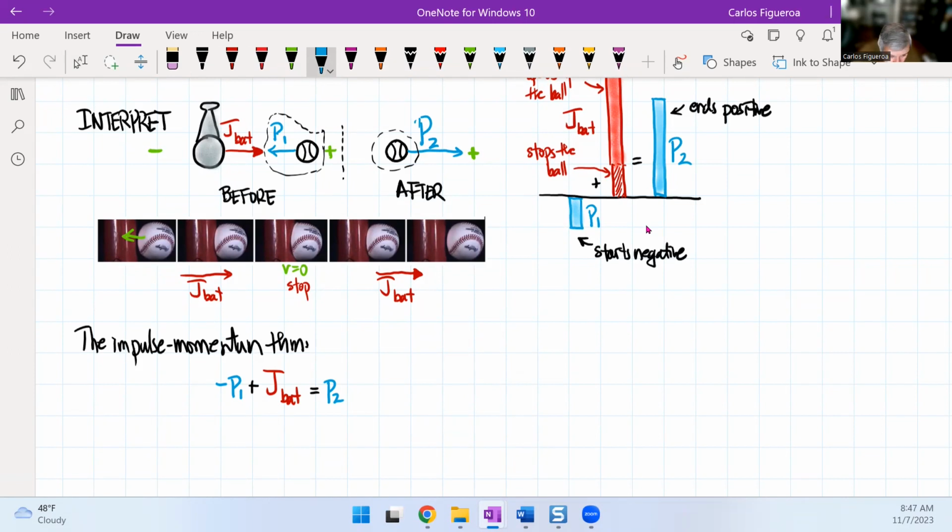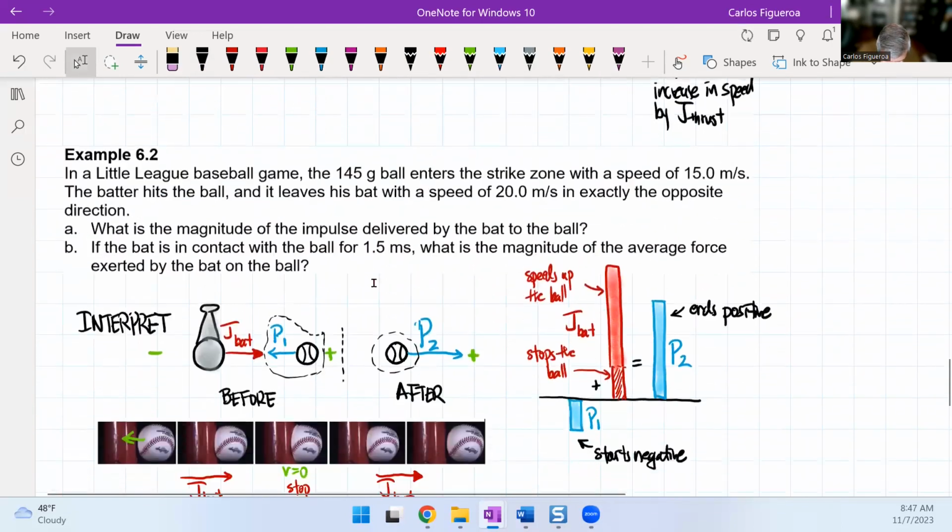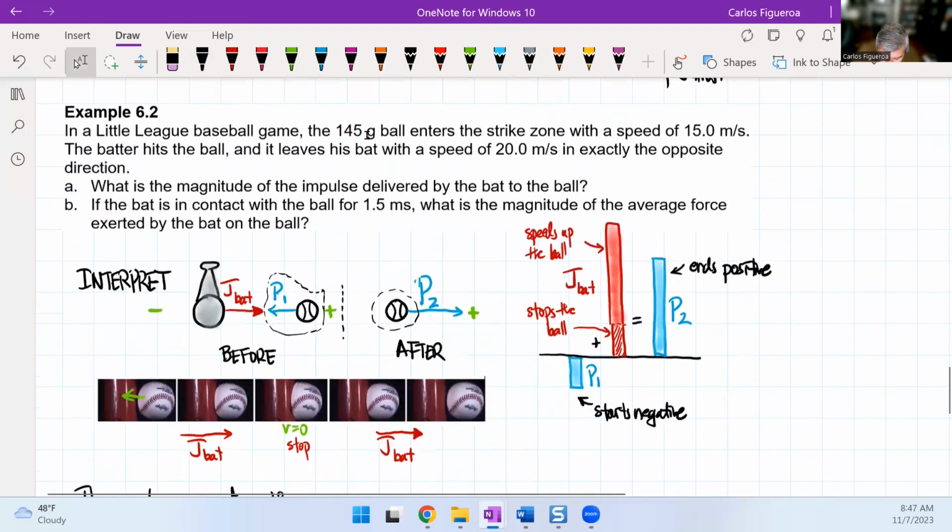So now, what do I know here? They tell us the mass of the ball, which is 145 grams or 0.145 kilograms. That's the mass of the ball.